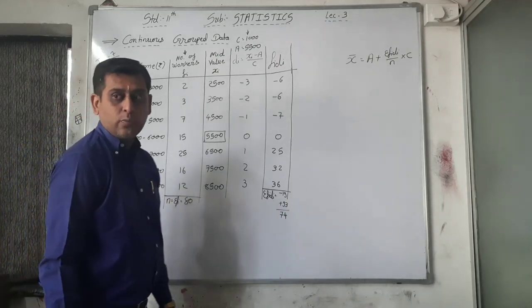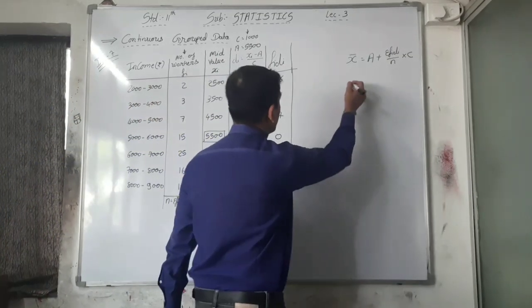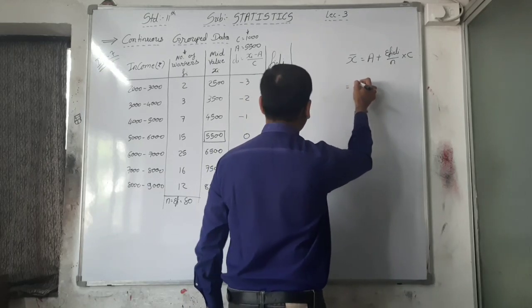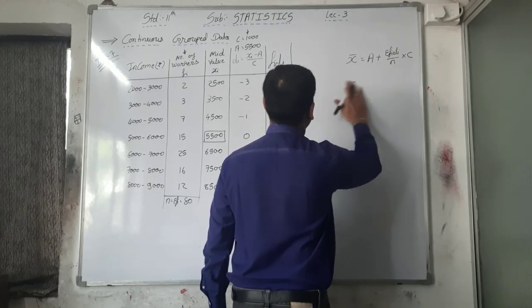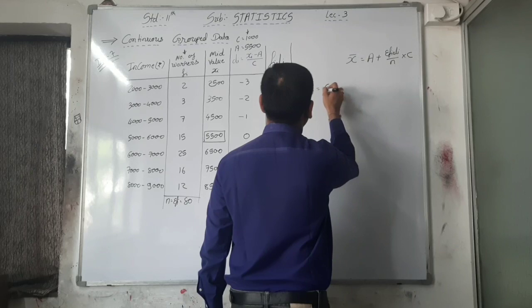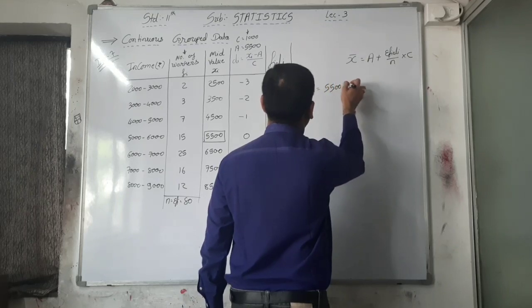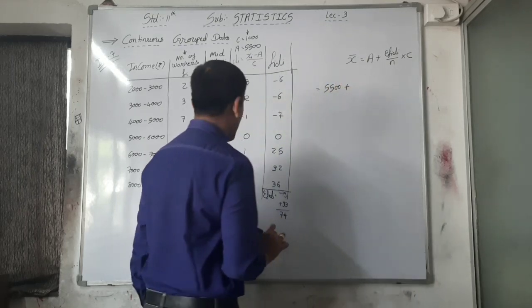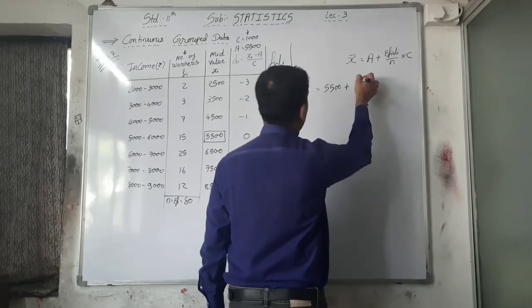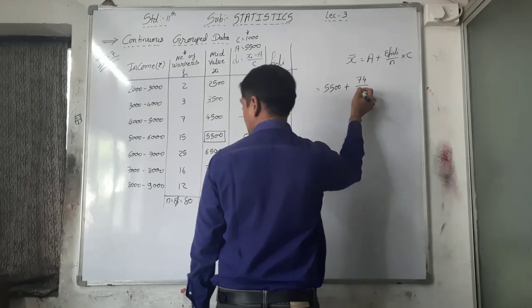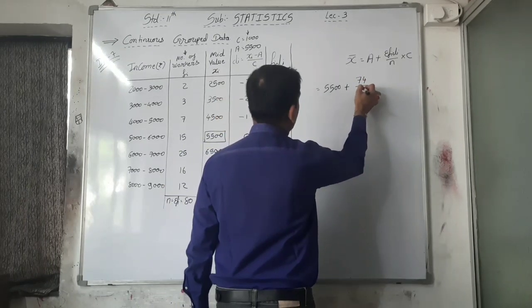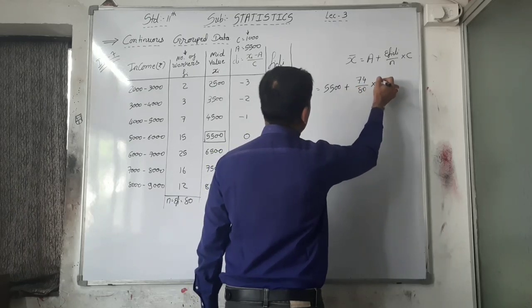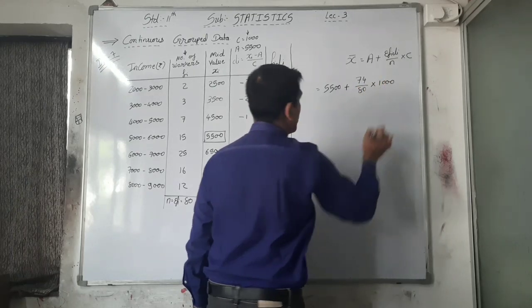Okay, so a is equal to 5500 plus sigma fi di, that is 74, upon n, which is 80, into c, that is 1000.